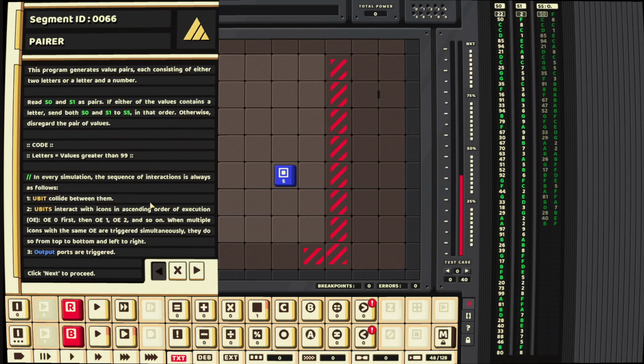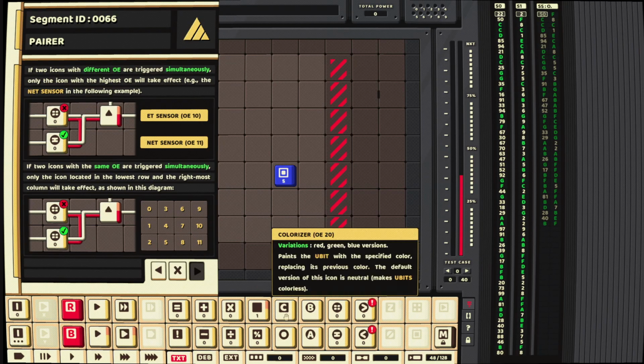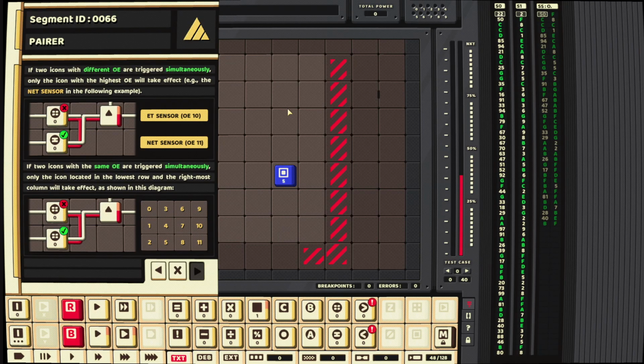Okay, and if there are ties, then it matters where things are. If there's like 2 different colorizers or whatever, then they're triggered in order based on where they are on the grid. If 2 icons with different order of execution are triggered simultaneously.